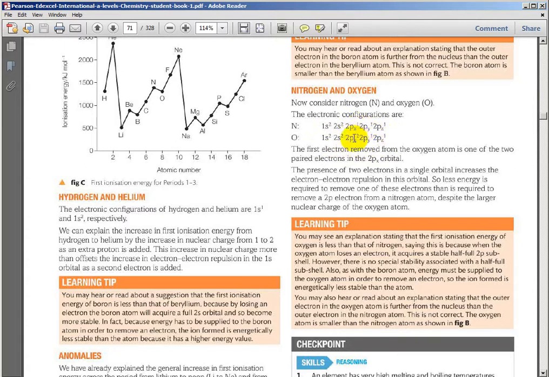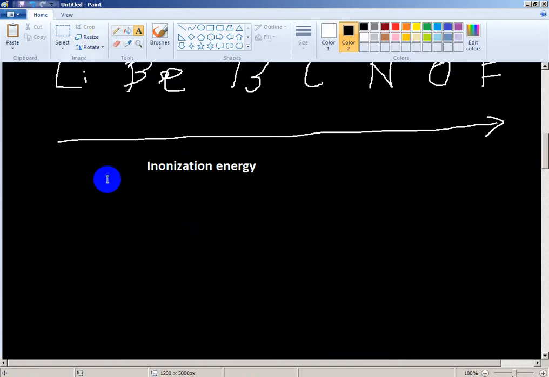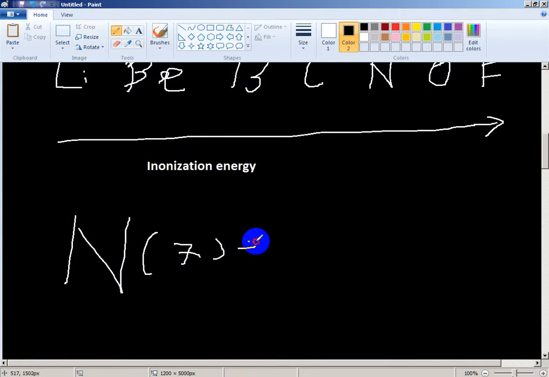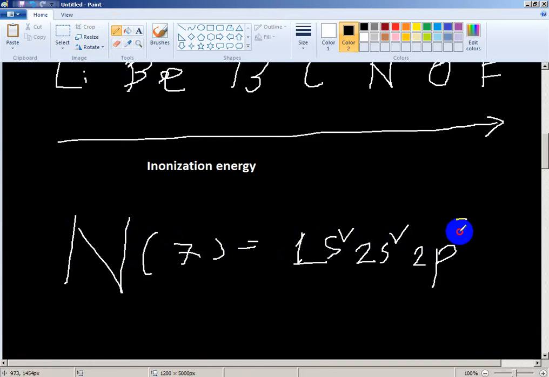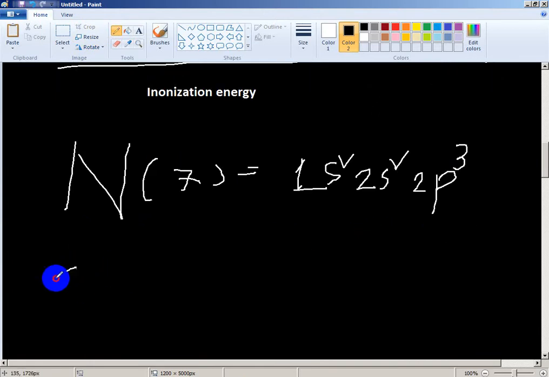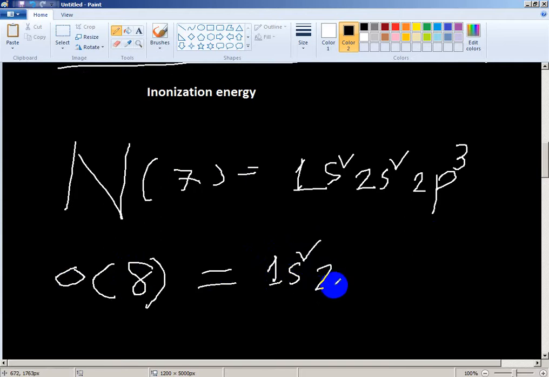Oxygen has 8 electrons: 1s2 2s2 2p4, with 4 electrons in the 2p orbital.